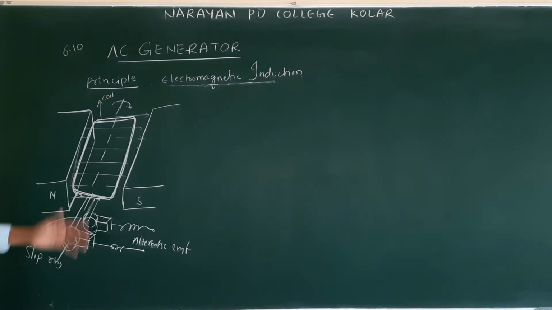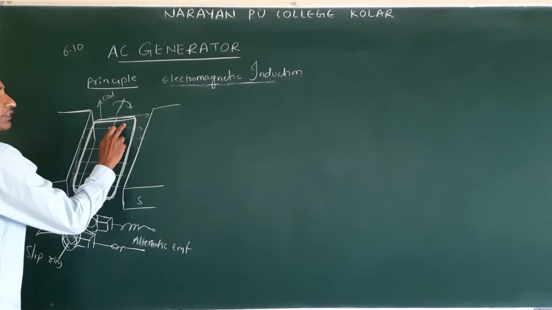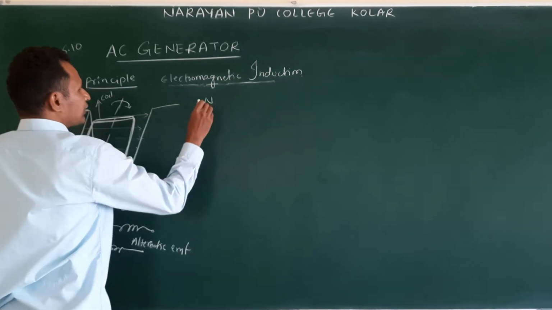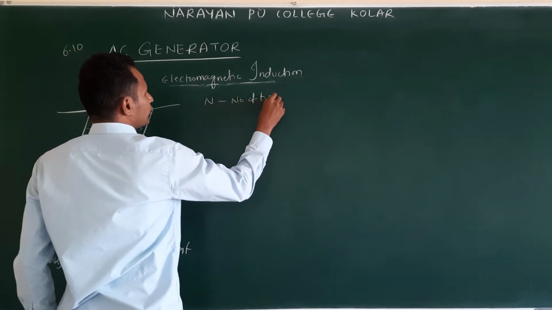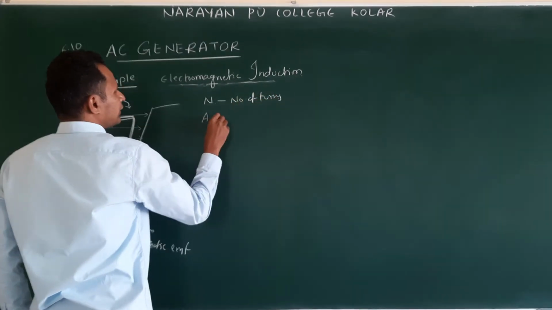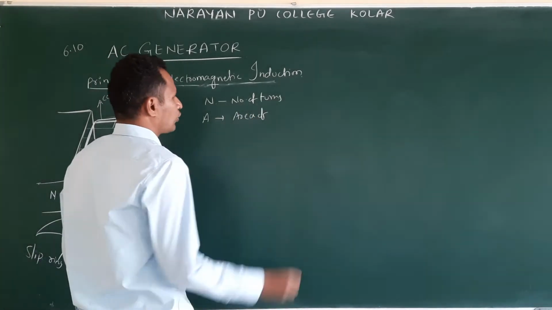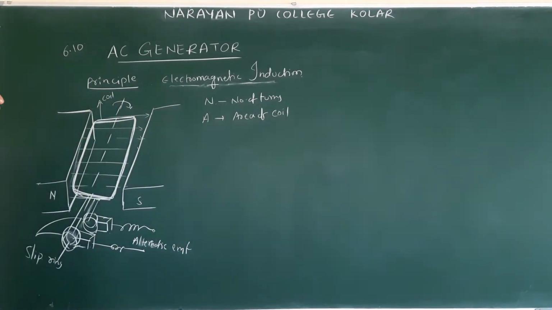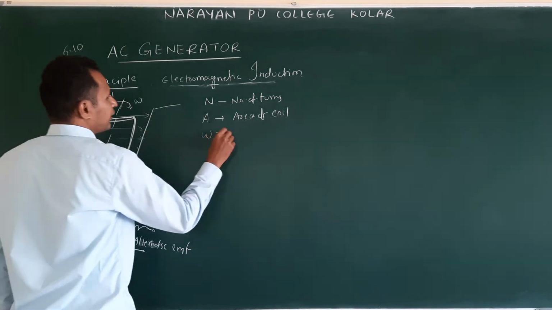Now, why do we call it alternating? Very simple. Here, this coil has N turns. N is the number of turns, A is the area of the coil. Clear? Understand? Omega is the angular velocity or angular frequency.